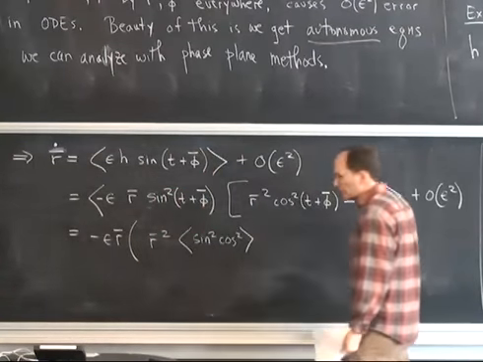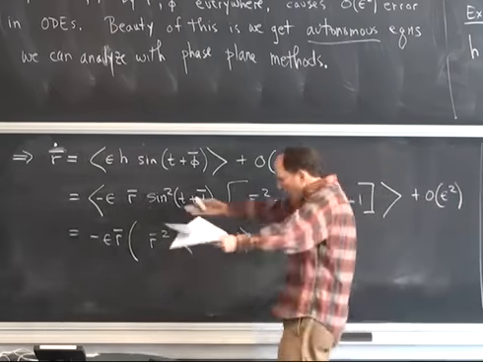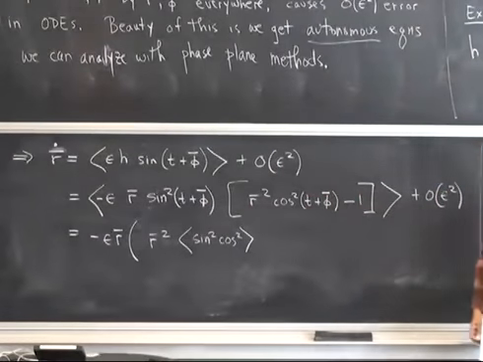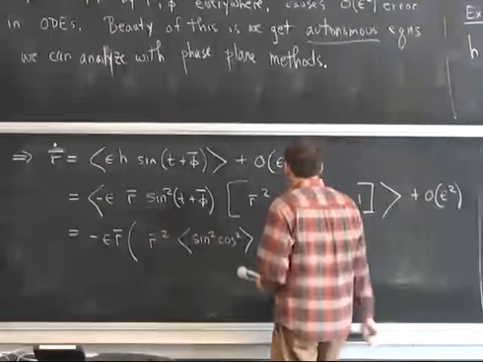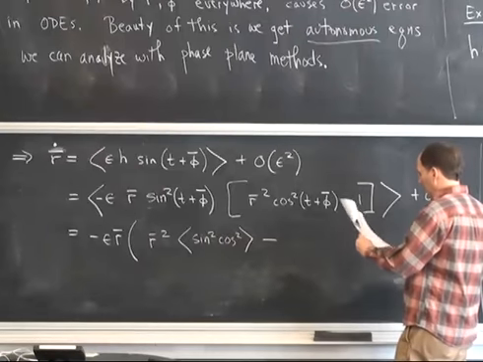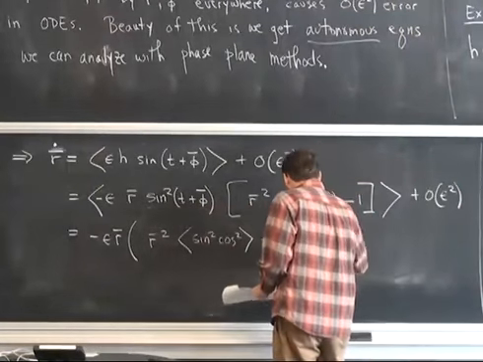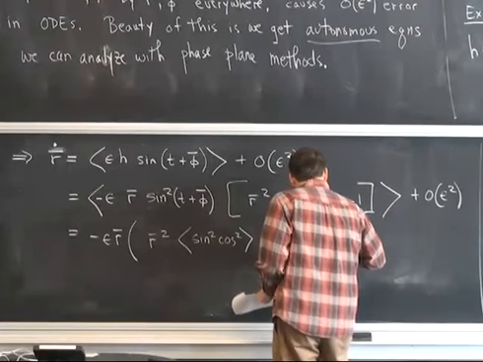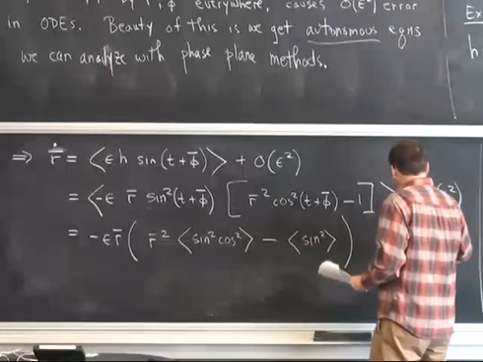I don't need the argument so much because any average of sine squared cosine squared over a whole cycle doesn't matter where that cycle is centered, as long as the average is over an interval of length 2 pi, which is what we're doing. So I'll just write it that way. And then minus, what else is there? I have a 1 times a sine squared. So this subtraction says I should be doing an average of sine squared. Close that, and then plus order epsilon squared.